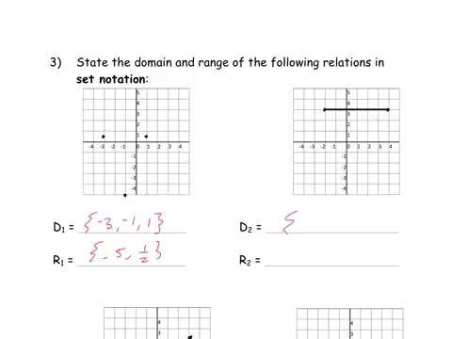So we would say x is larger or equal to -2 and smaller or equal to 4. Now for the y values, the only y value that exists here is 3. Notice that there are no points here, there are no points here. The only points that exist are at y equals 3. So we're going to simply state y equals 3.